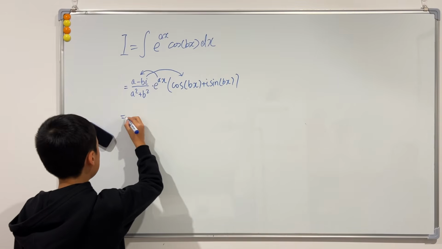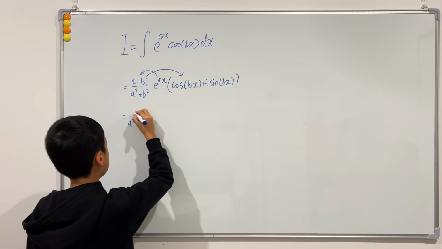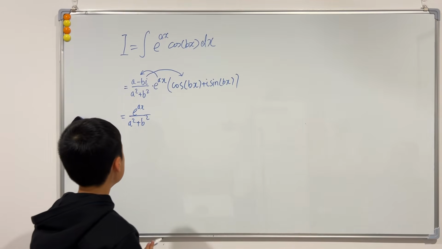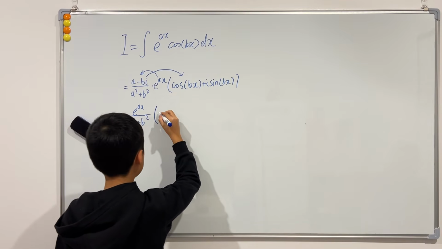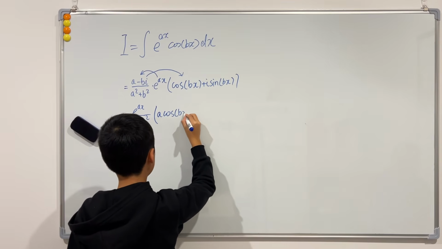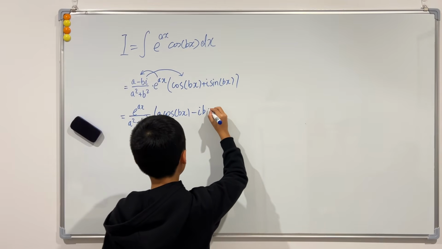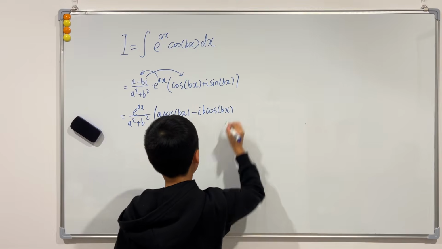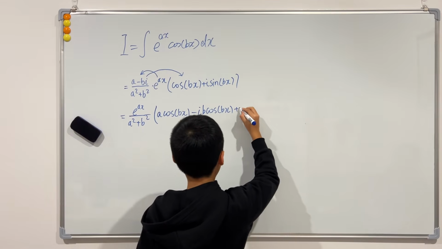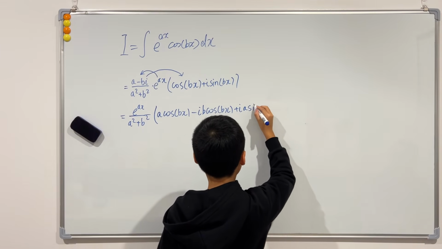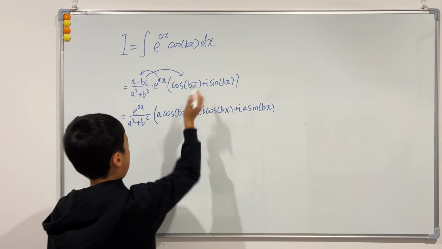So this will be a squared plus b squared on the bottom, then e to the ax, then multiply by that. This thing times that is just a cosine of bx, and then minus ib cosine of bx. Then we do this bracket times that, so it will be plus ia sine of bx. Then we see that there's an i and an i here.